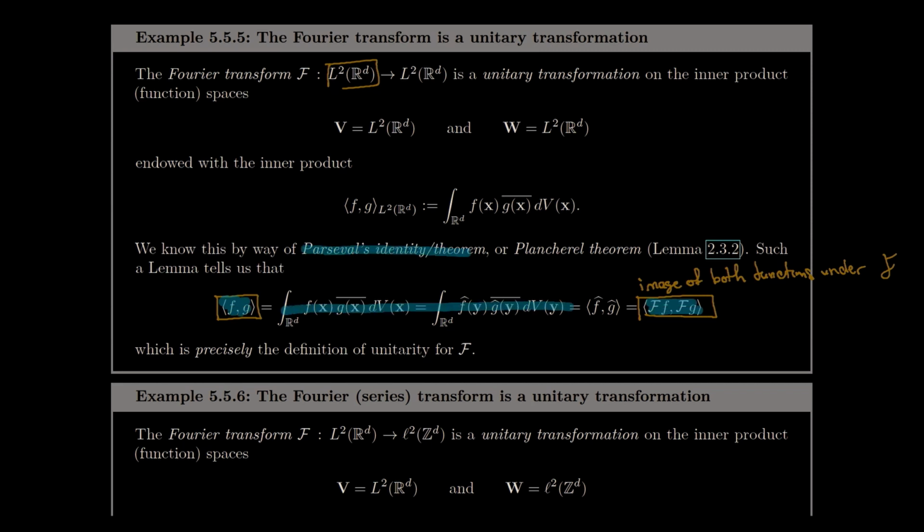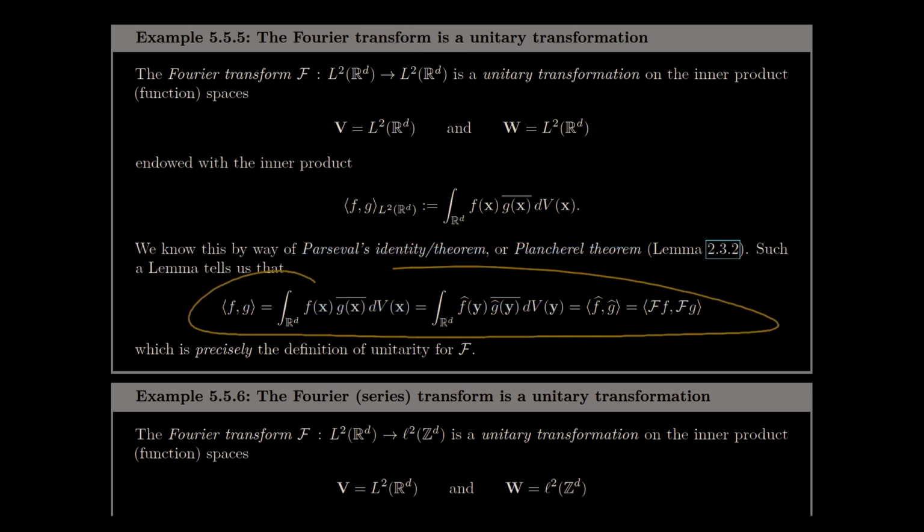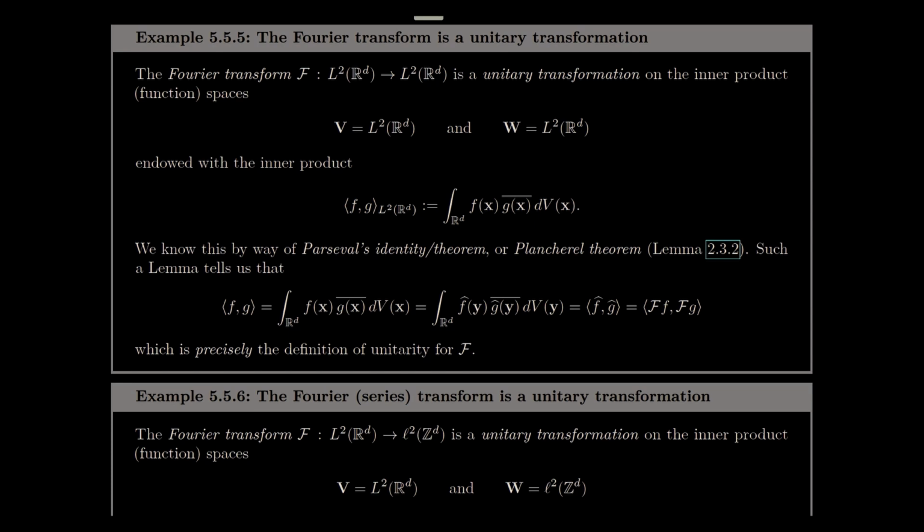This was Parseval's identity or theorem, or sometimes it's called the Plancherel theorem. If you go back to Lemma 2.3.2 in this text, that states that this is actually true. So Parseval's identity was the original proof that the Fourier transform was unitary. And actually this was developed before we even really knew what it meant to be unitary. People were aware that the Fourier transform satisfied that property without necessarily giving it a nice name. But that's Parseval's identity for you.